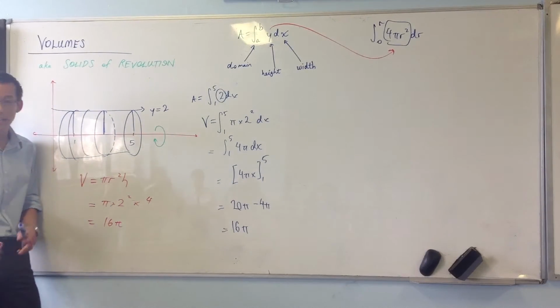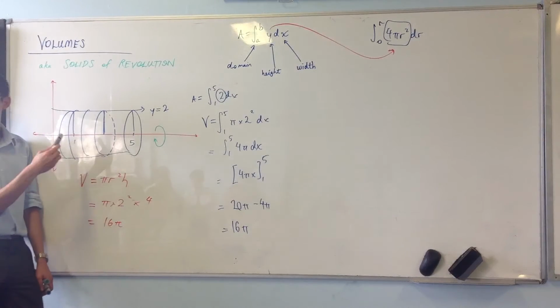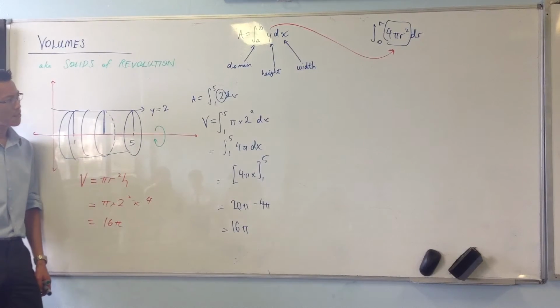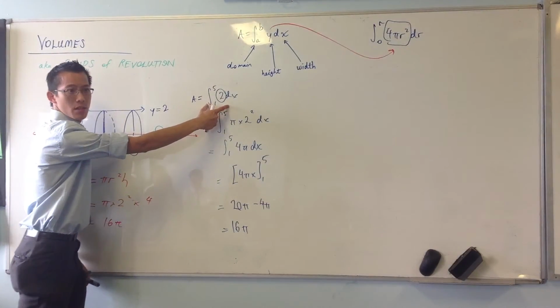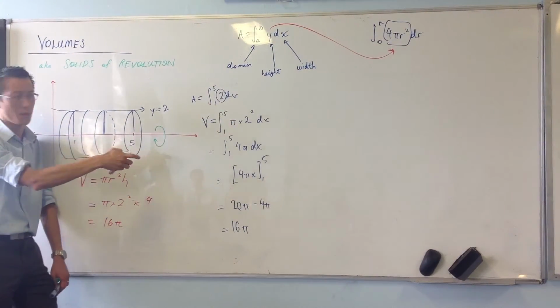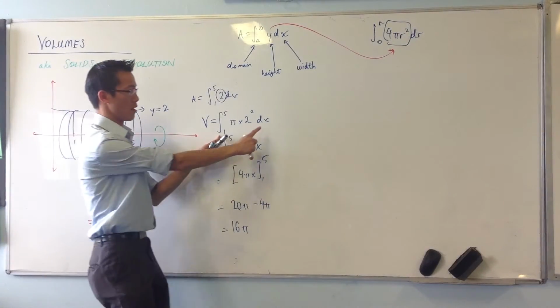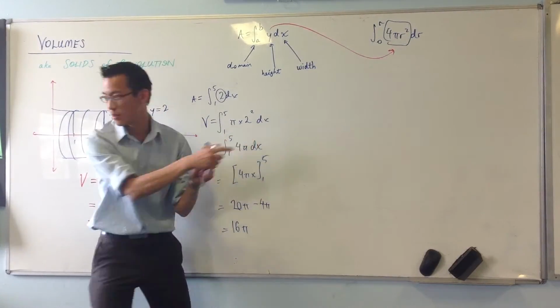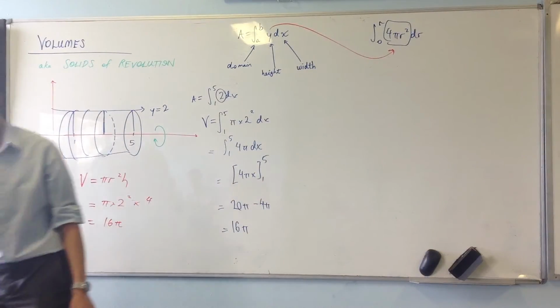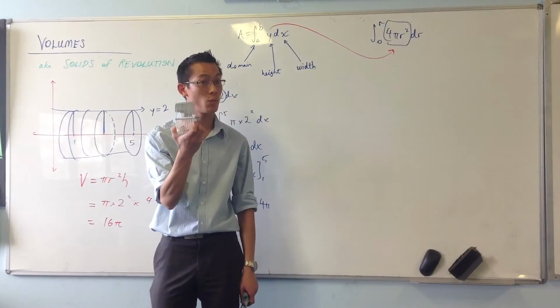Okay. So can I generalize this a little bit? I mean, this is one specific example. Where was the crucial step that took us from working out areas to working out volumes? What was different? The boundary was the same. The width of each of these slices, if you like, was the same.